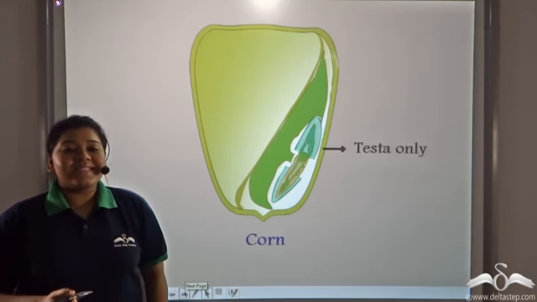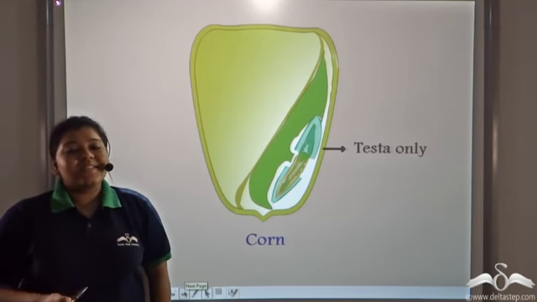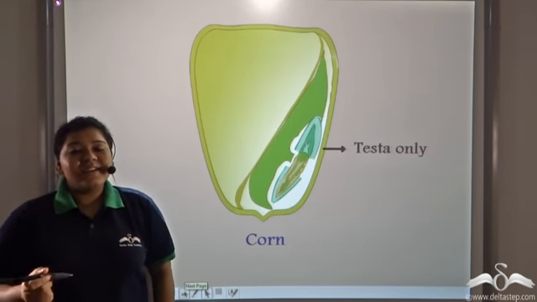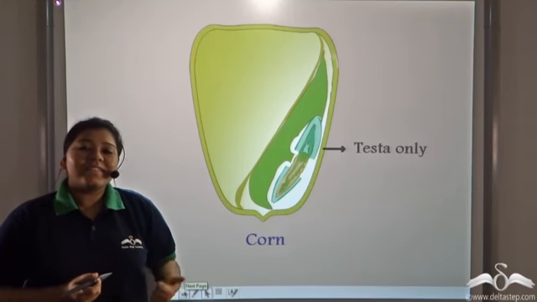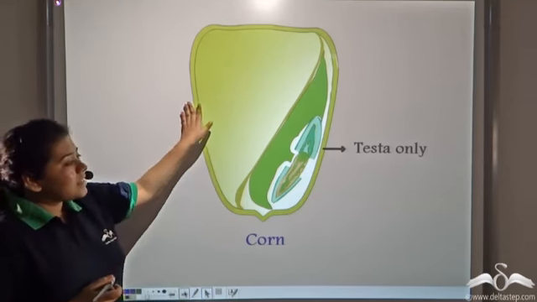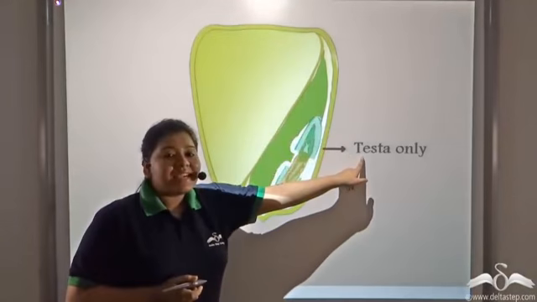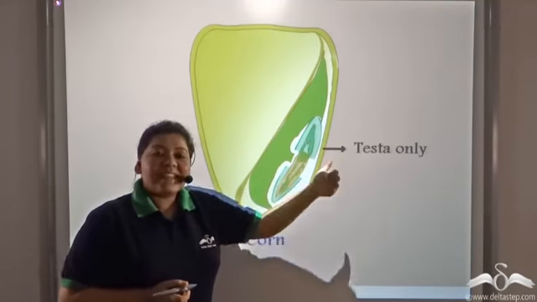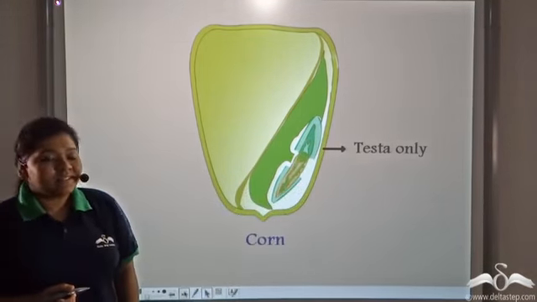It is not necessary that all seeds contain the inner protective layer or the tegmen. Example, corn. See, it has only the testa, it lacks a tegmen.